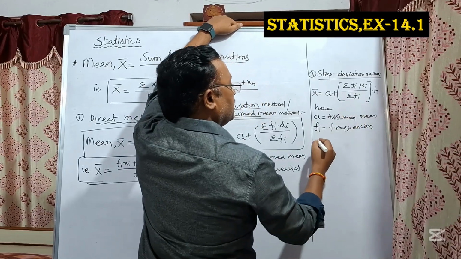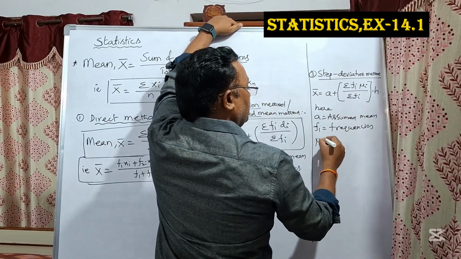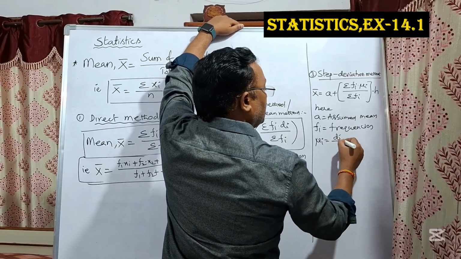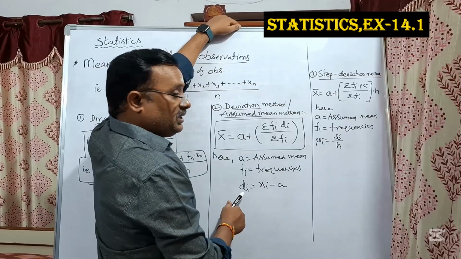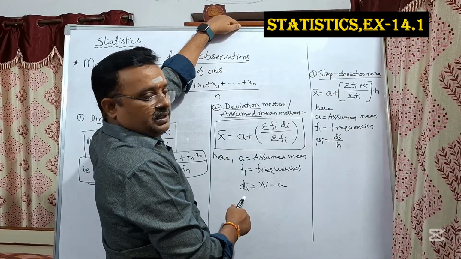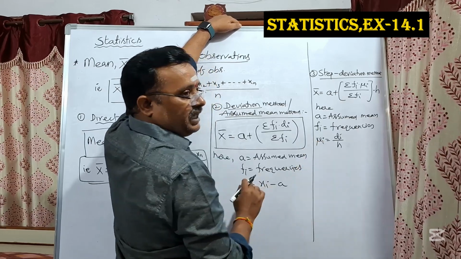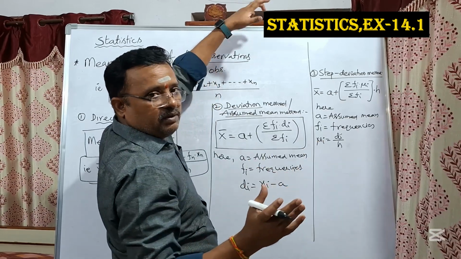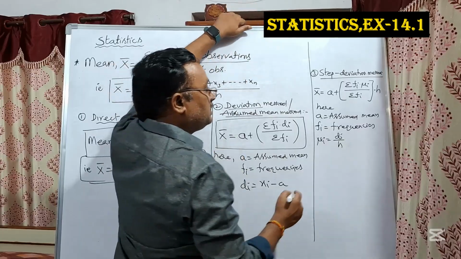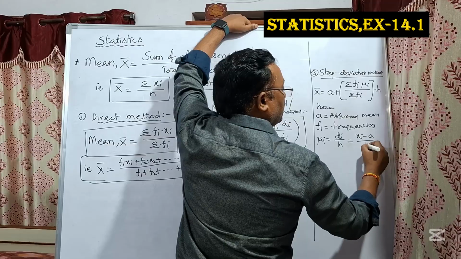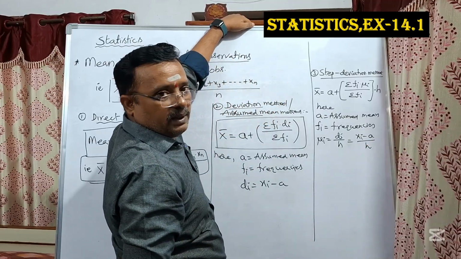Next, ui is equal to di by h. Deviation we already learned in the previous process, xi minus a. That value divided by h is taken as ui, so that the problem becomes easy to solve. That means its formula is xi minus a by h.